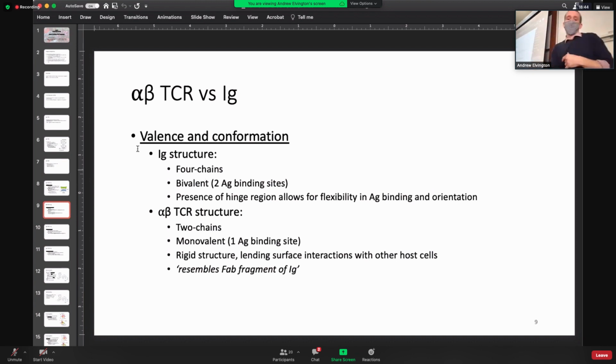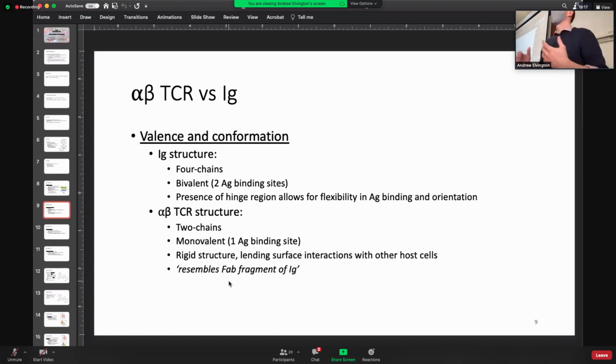Now, what's also cool is that B cell receptors and antibodies have that hinge region present. They have that flexible portion that gives them the ability to bind antigens and orient themselves. That also gives them function. The hinge region is how complement is activated. That's how some receptors are interacted with. Unlike immunoglobulin, the T cell receptor only has 2 chains, an alpha and a beta at this point, which means it's monovalent, so it can only see 1 antigen in 1 place.